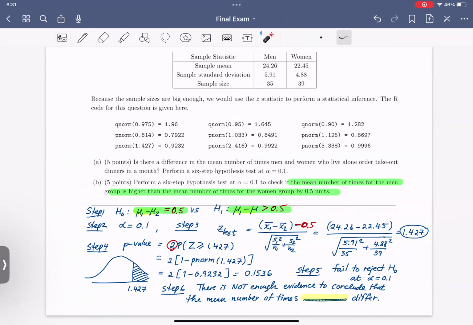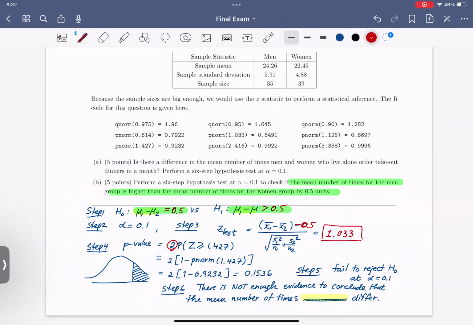Once I hit the calculator, I'm gonna delete this number. Once you plug in everything just as before, but add minus 0.5 here, you're gonna have 1.033. That is going to be your z-test. So your z-test for question B changes to 1.033.